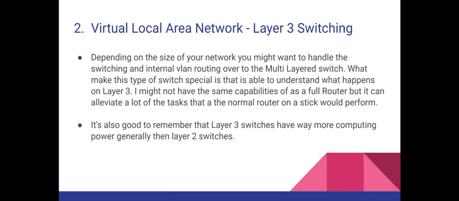Because it doesn't have to get all the way to the router, it can do it right on the switch and just route the packet to the right network. And as I said before, layer 3 switches have more computing power than layer 2 because they also have this routing capability in them.